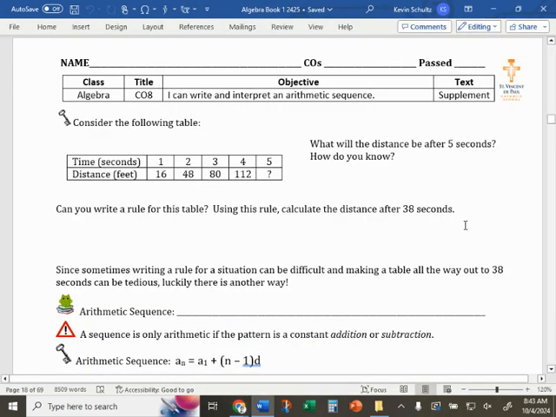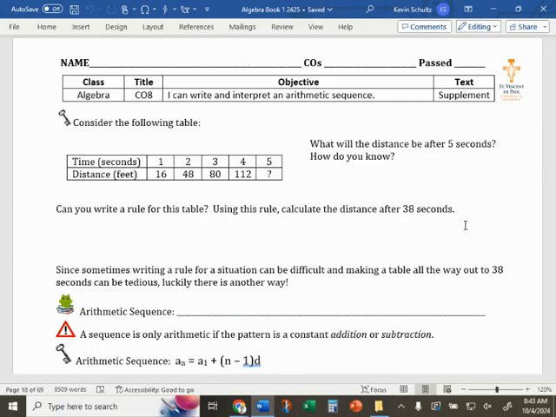Hello and good day, Algebra. We are wrapping up Unit 1 with what are called arithmetic sequences. What does the word arithmetic mean? Back in first grade, second grade, your math class was called arithmetic because basically all you did was learn how to add and subtract.